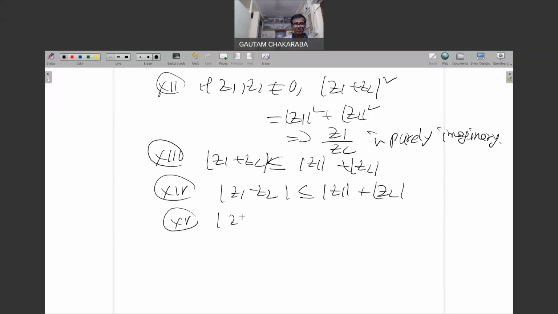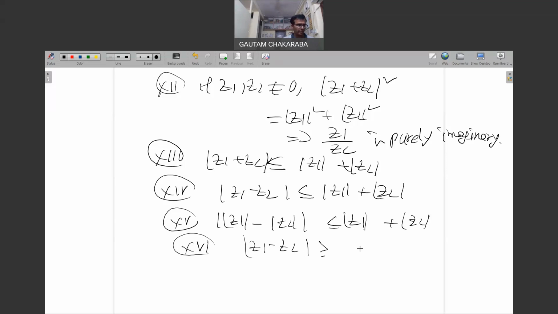Next, modulus of Z1 minus Z2 is greater than or equal to modulus Z1 minus modulus Z2. Okay.